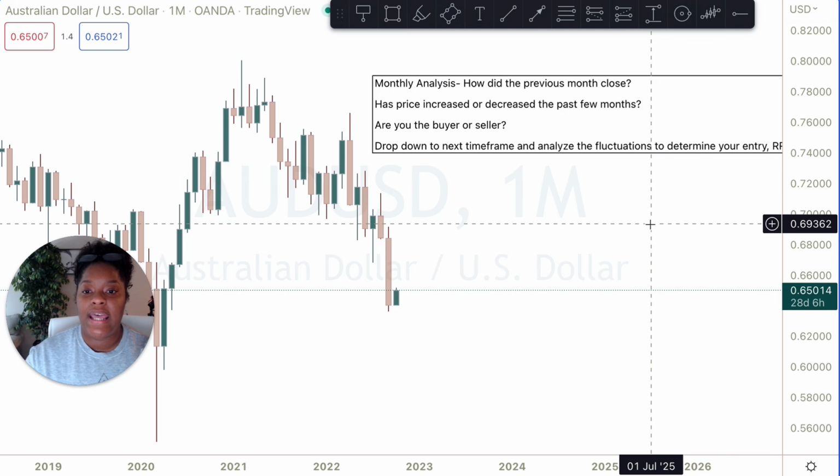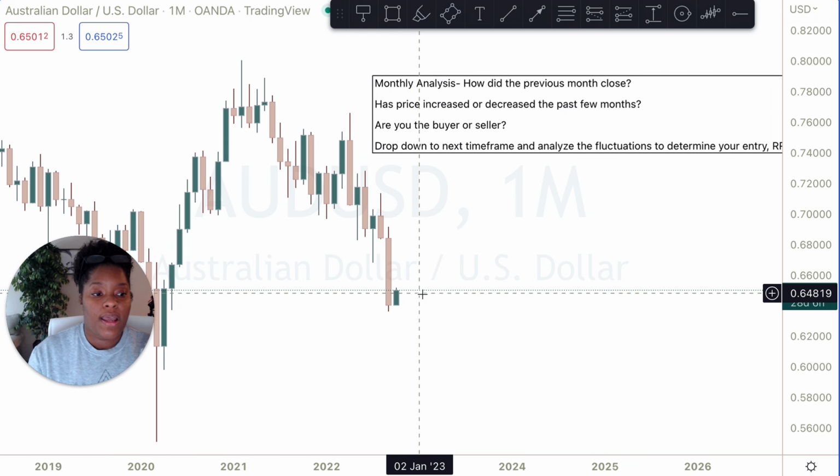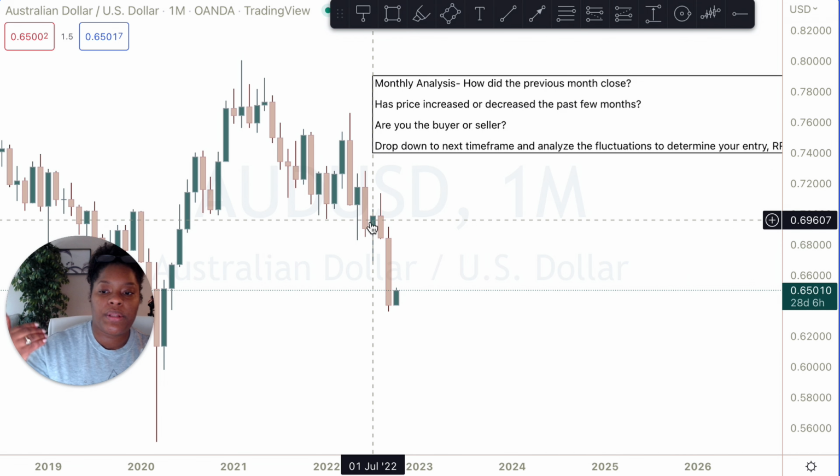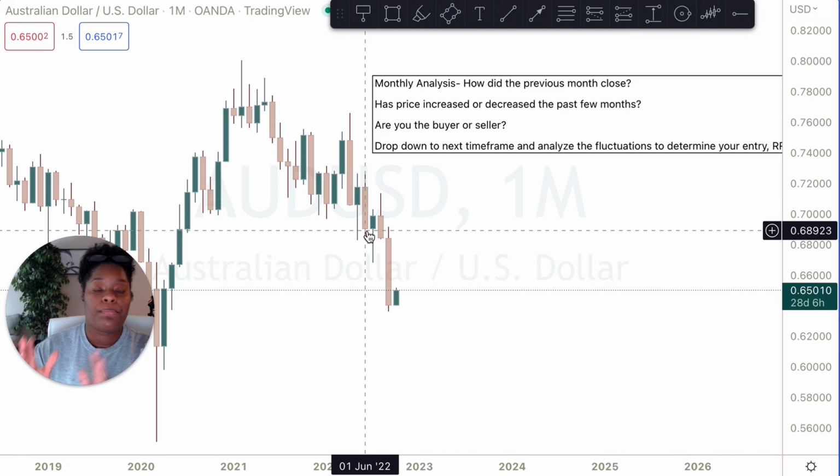So as I'm looking at this, I'm going to look to see how September's monthly candlestick closed. The candlestick closed very, very bearish. So in my mind, now I'm asking myself, because it closed bearish, how have the previous months closed as well? I don't need the whole price chart, just a few months. I can see here in August, price closed bearish, but then price closed bullish, but then price closed bearish for the previous month.